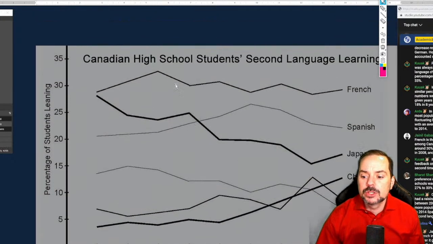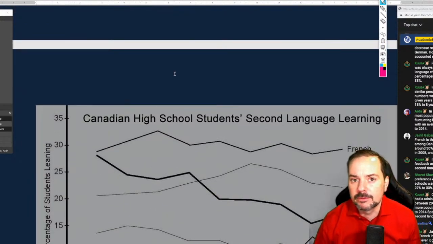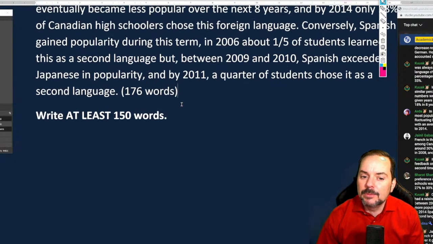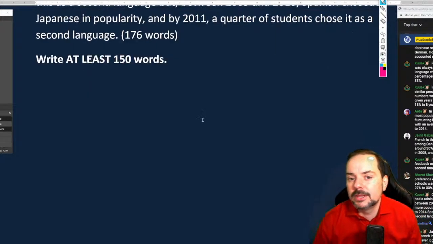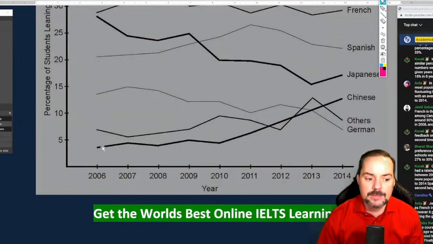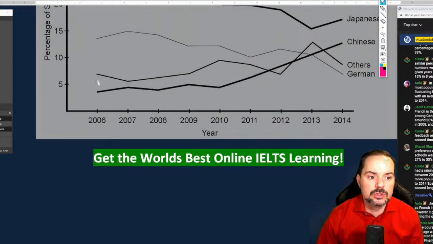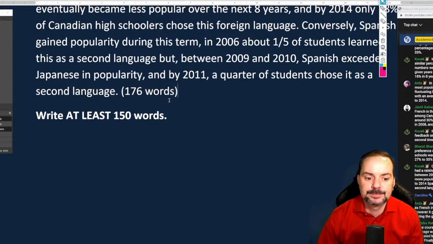Okay, so I'm going to combine the information with these 3. Okay, all right. So I'm not going to go into a lot of detail, but I will explain the most important points. So Chinese, German, and other languages fluctuated between 2 and 15%. Okay.